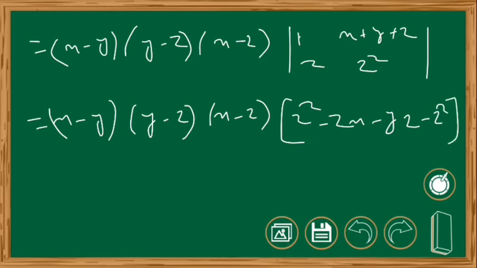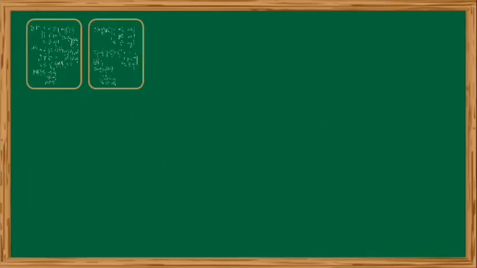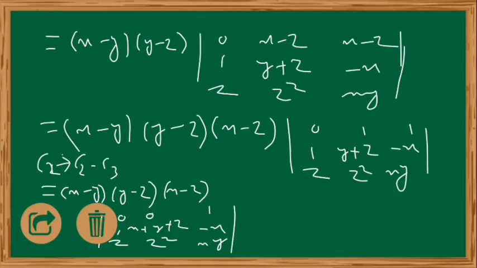So here z square and z square are getting cancelled. I have committed one mistake. Where is the mistake? This is column 2 minus column 3, so this is z square minus xy.